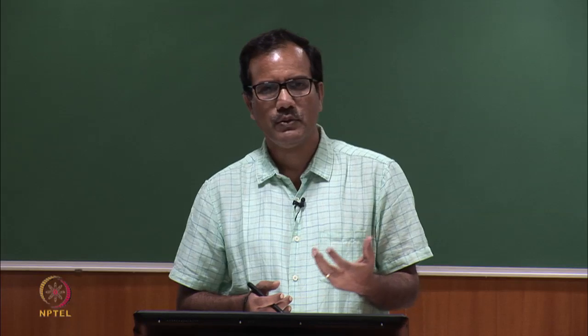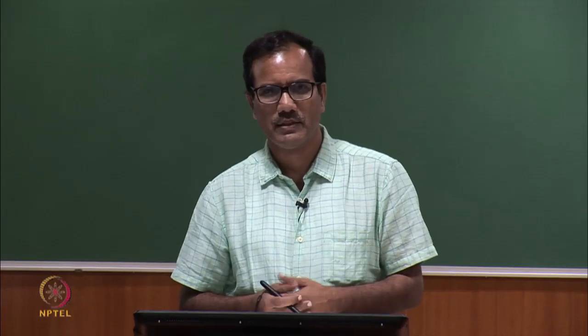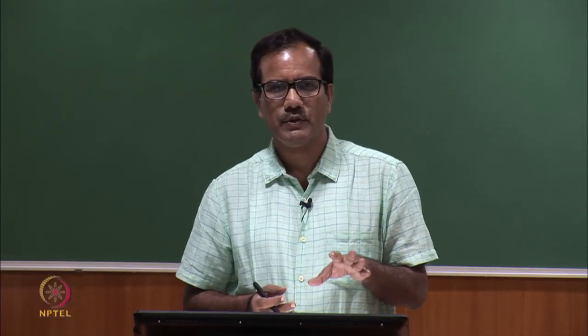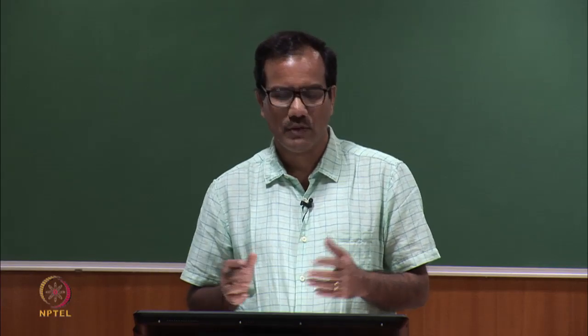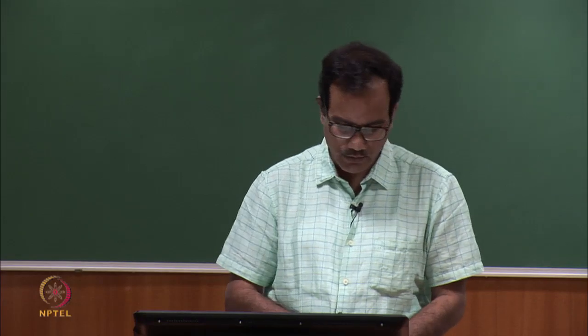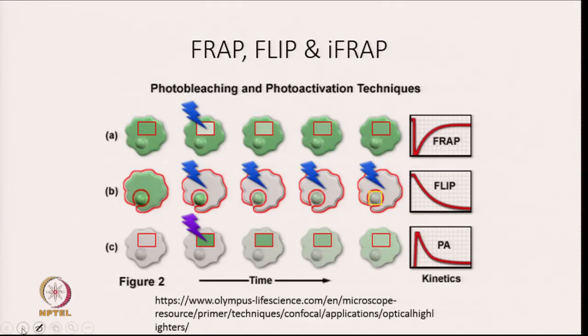We can also make use of photoactivation. These are a few techniques which can be used to look at molecular movement by microscopy. Now, let us understand the difference between FRAP, FLIP and iFRAP. These are three different photobleaching and photoactivation techniques.